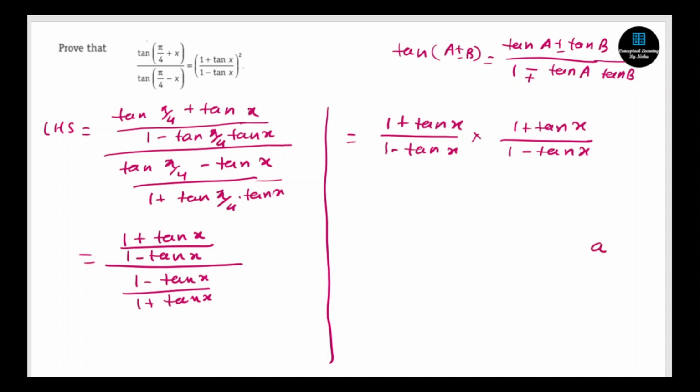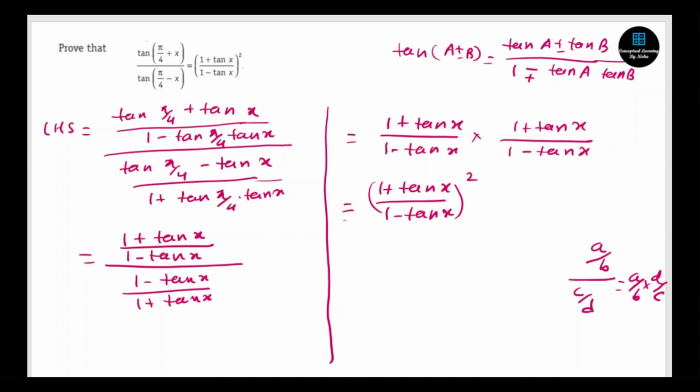Because I have applied A upon B whole upon C upon D as A upon B into D upon C. And then what I'll get: 1 plus tan x whole square upon 1 minus tan x whole square, which is nothing but the RHS. Very easy question, but do it carefully.